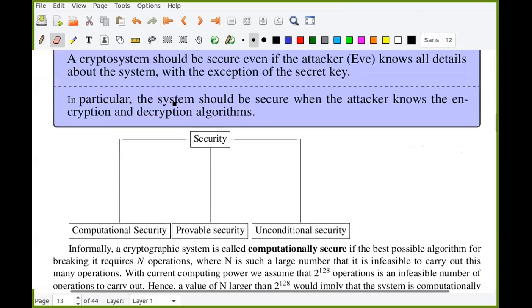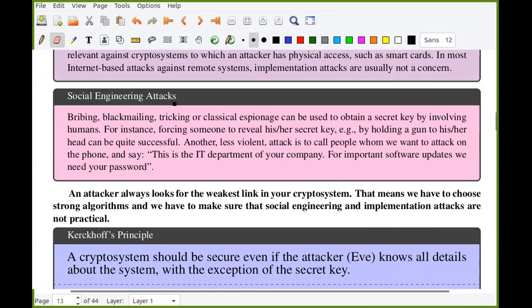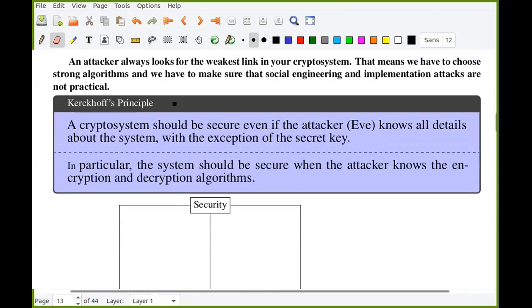Okay. Now another important point is that an attacker always looks for the weakest link in your cryptosystem, right? That means you have to choose a strong algorithm and make sure that social engineering and implementation attacks are not practical. So there is a principle called Kerckhoffs's principle, like in electrical engineering there is Kirchhoff's principle, right?